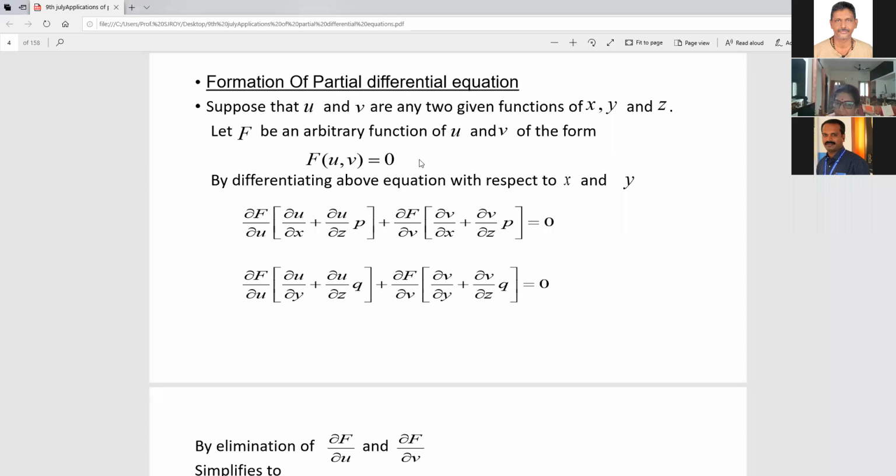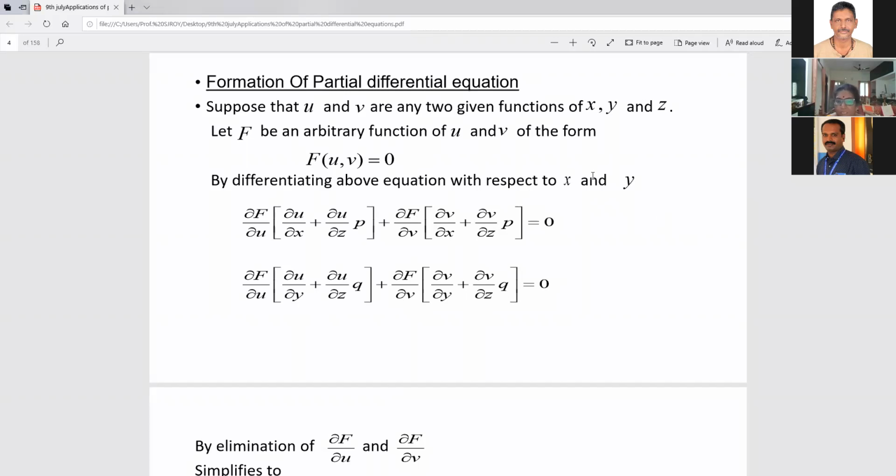Whatever PDE you have, we'll be seeking the solution, which we interpret as an integral surface, which can be represented as z equal to f of x, y. So dou z by dou x we take as small p, and dou z by dou y we always take as small q. So both notations come in here.